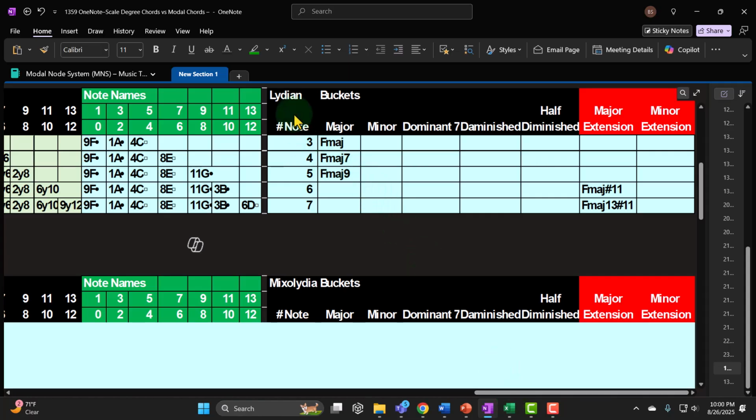If I map this onto our buckets, notice we have the same names for the 3 note chords, the 4 note chords, and the 5 notes. So I don't know if you say F major 7, F major 9, if you're talking about the Ionian node that we're building from, or if you're talking about the Lydian node.